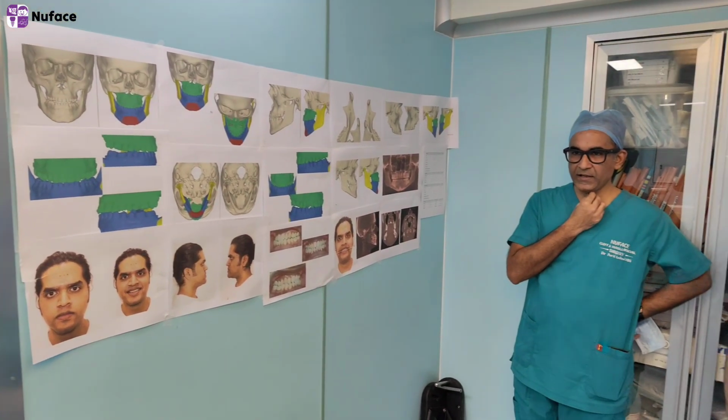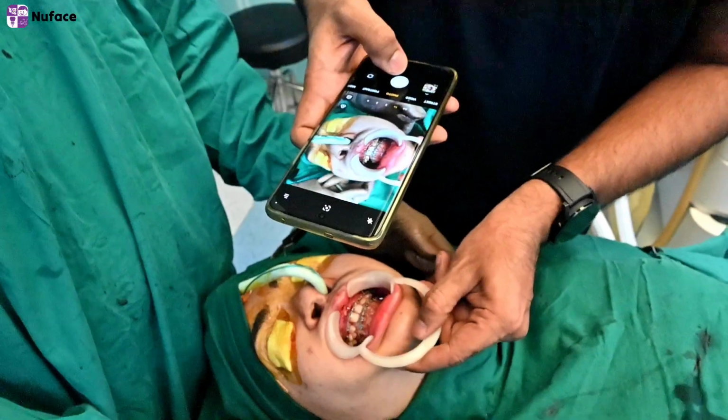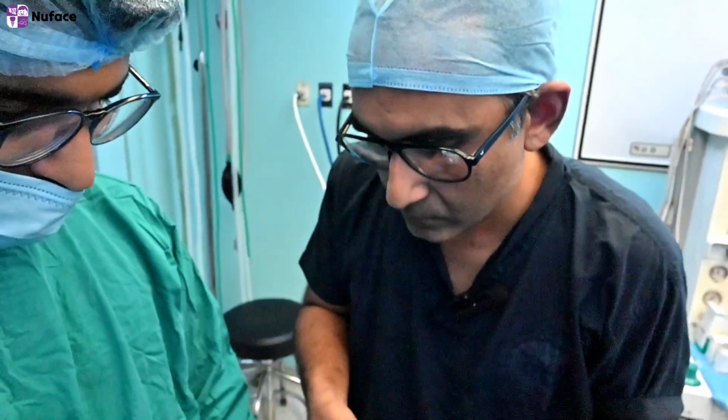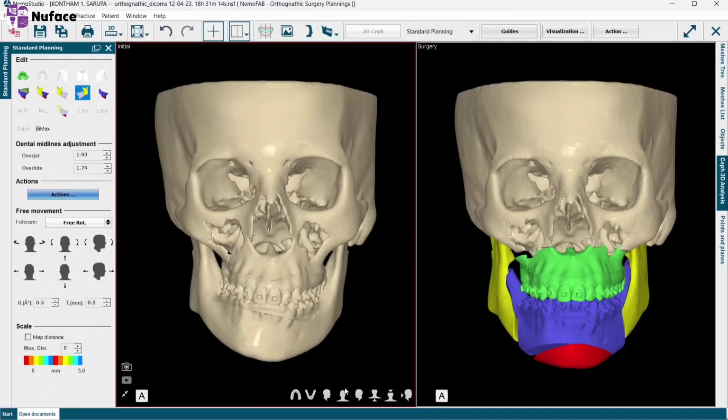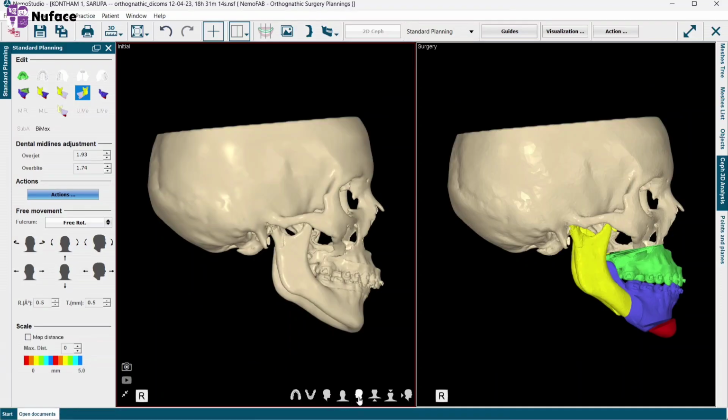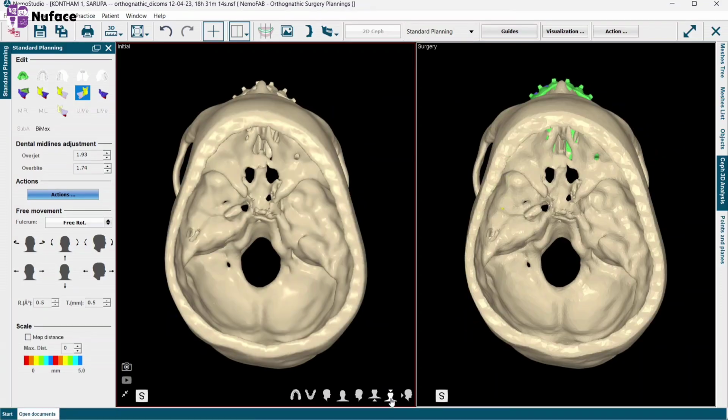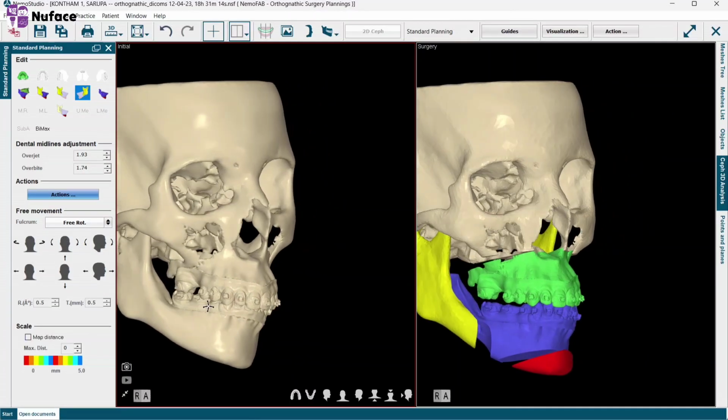Yeah, so with the modernization of the world, definitely in medicine also we should upgrade and make ourselves more predictable. Virtual surgical planning is one such tool, mainly used for orthognathic surgery or corrective jaw surgery. First I'll say we need a few data which may not have been advised earlier to the patients.